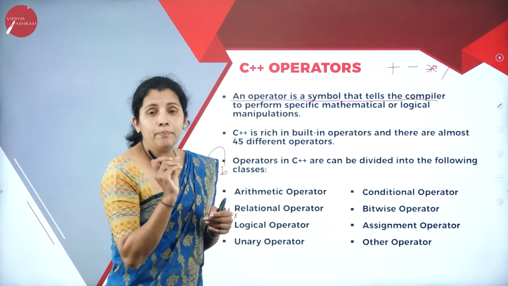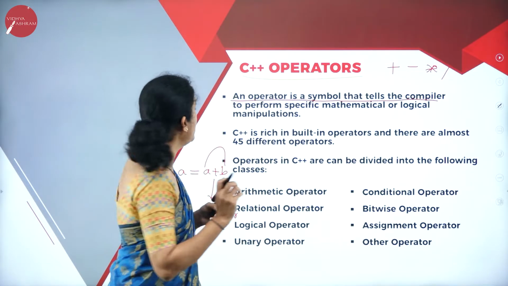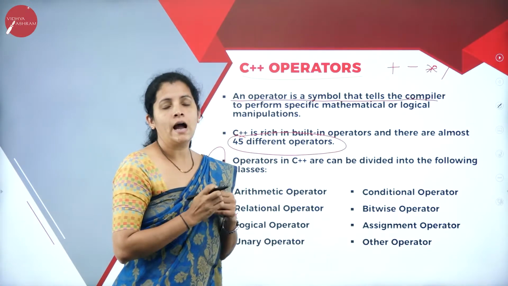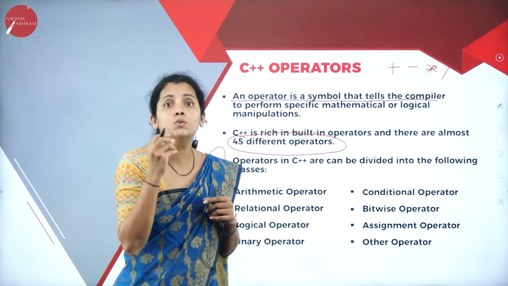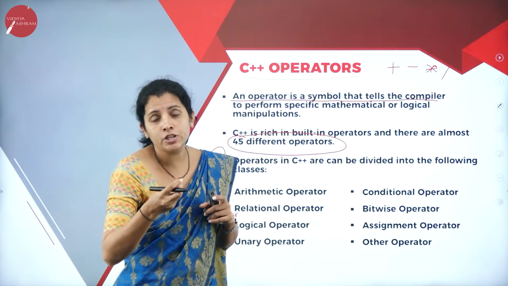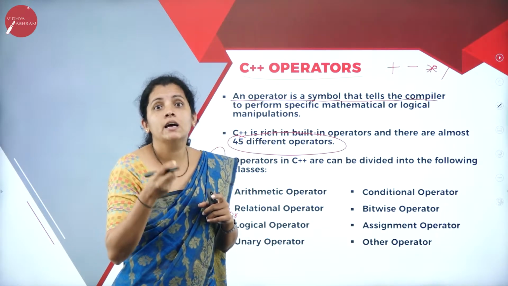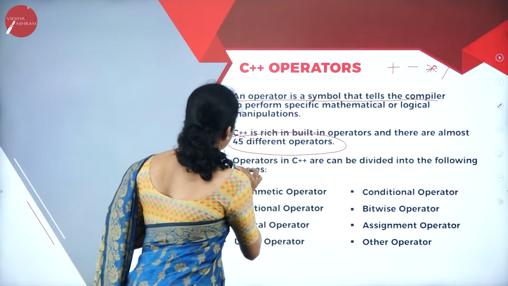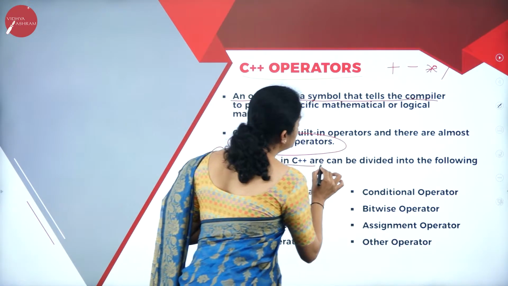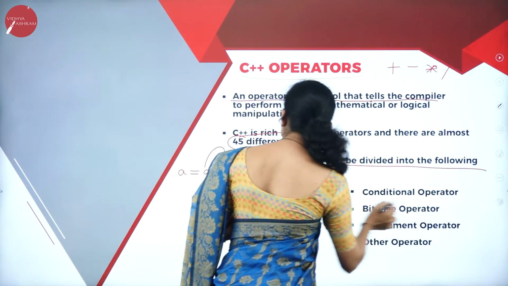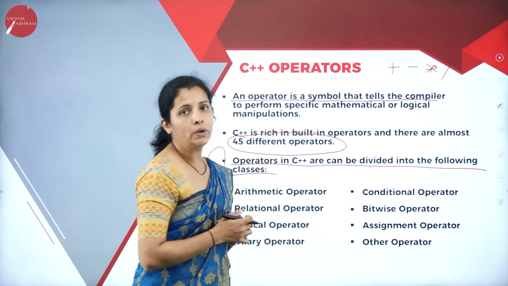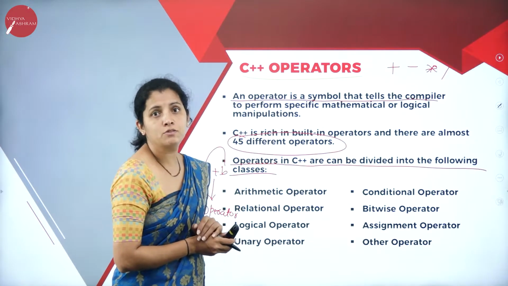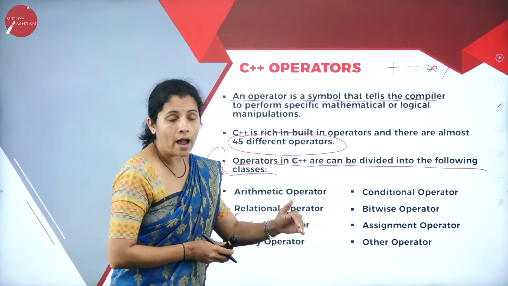The C++ programming language supports 45 different operators, and each operator has some special meaning and is responsible for performing a specific task. Operators in C++ can be divided into the following classes. What are the different kinds of C++ operators we have here?